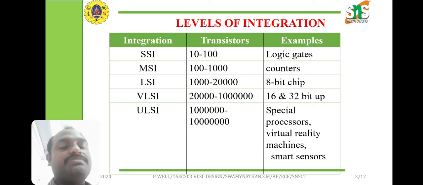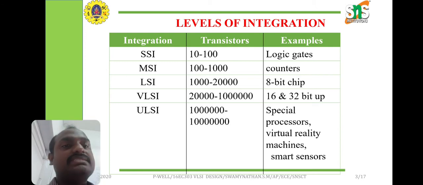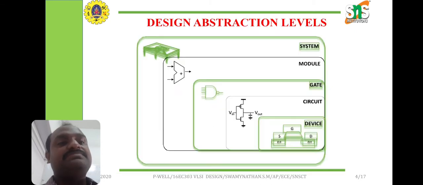Example: 8-bit chip. Next, VLSI, very large scale integration, 20,000 to nearly 10 lakh transistors. Example: 16 and 32-bit and up. ULSI has more chips and more transistors embedded. Example: special processors, virtual reality machines and smart sensors. So these are all the integration levels.